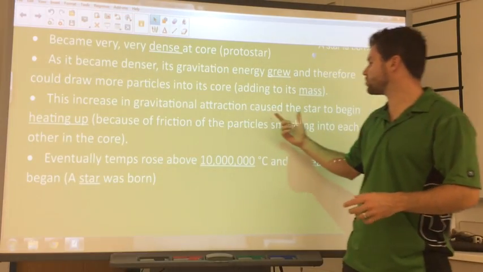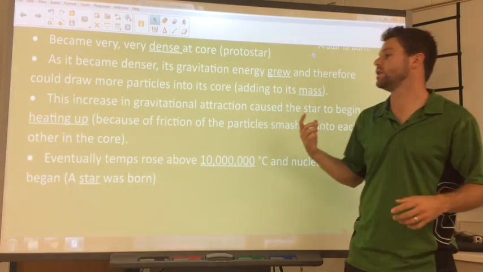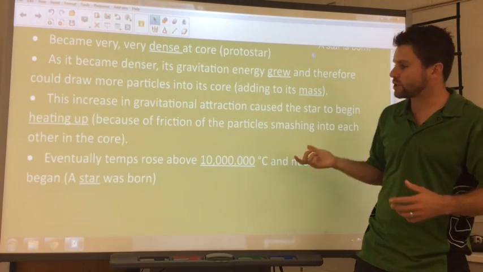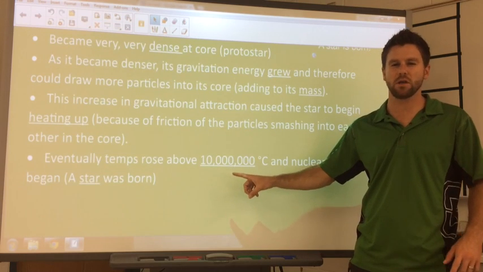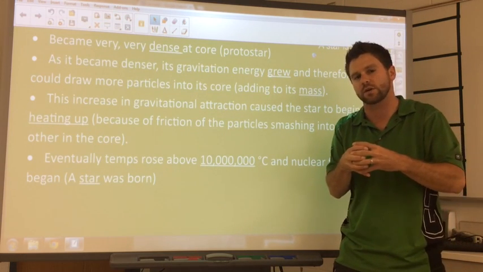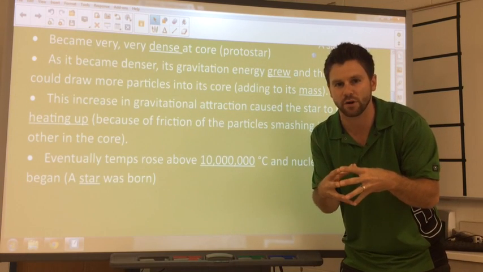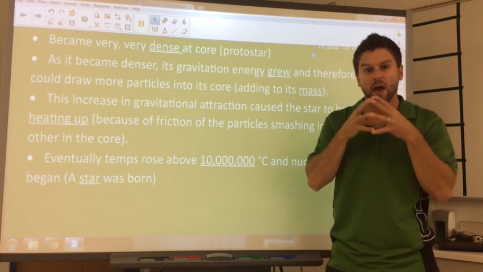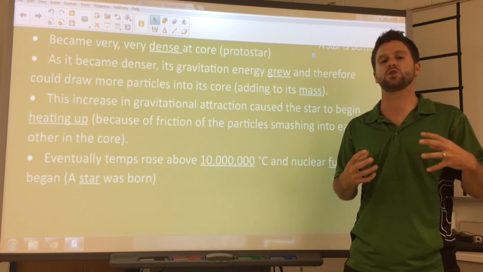So this increased gravitational attraction causes the star to begin to heat up because of the friction and the particles smashing into each other in the core. Eventually the temperature gets above 10 million degrees, and that's kind of the light switch. Once the core reaches 10 million degrees, hydrogen atoms begin to fuse into heavier elements called helium. And when that happens, a process called nuclear fusion begins to occur.